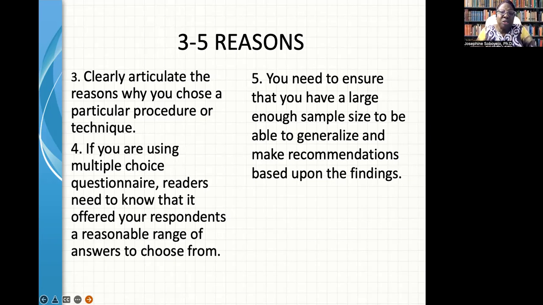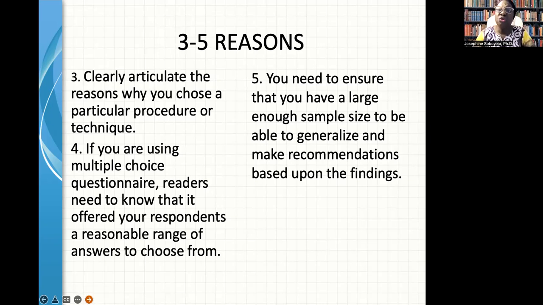So if you are using multiple choice questionnaire, readers need to know that it offers your respondents a reasonable range of answers to choose from. You do not box those you expect to give you answers into yes or no. You need to offer your respondents reasonable range of answers to choose from.